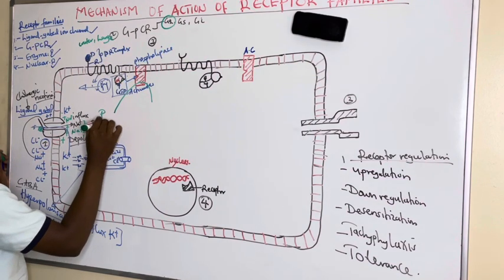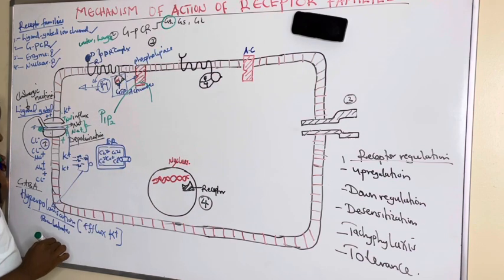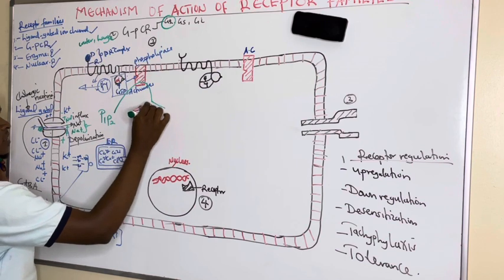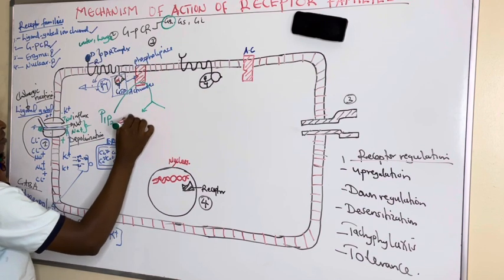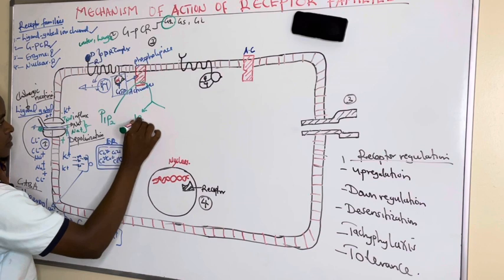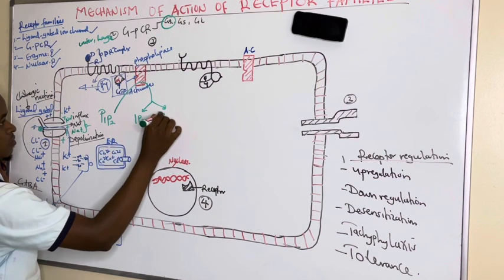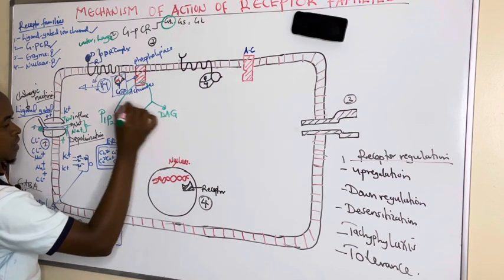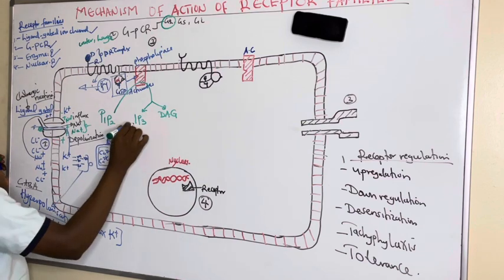phosphatidyl inositol bisphosphate, that is PIP2, and it converts it to IP3 and DAG, what we call diacylglycerol. And these are second messengers.